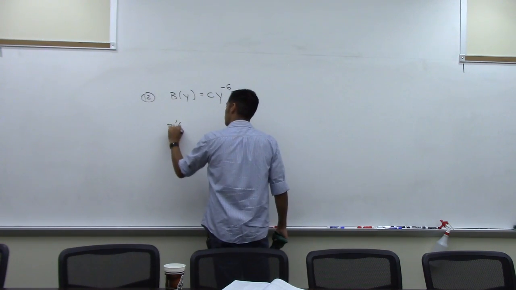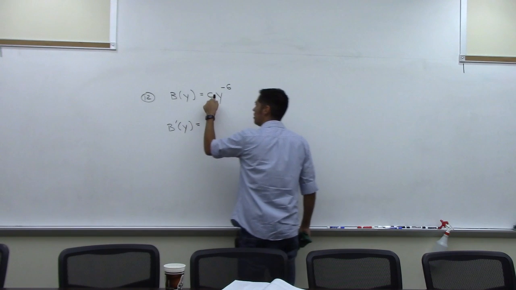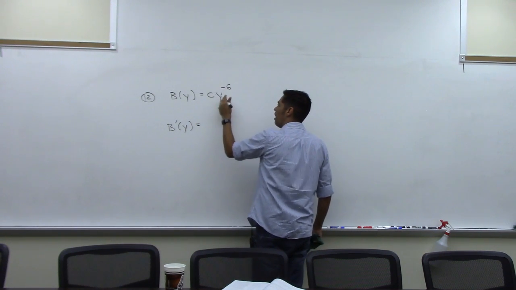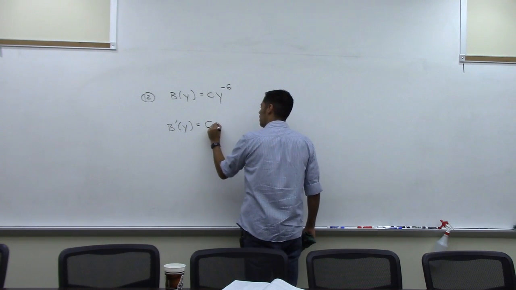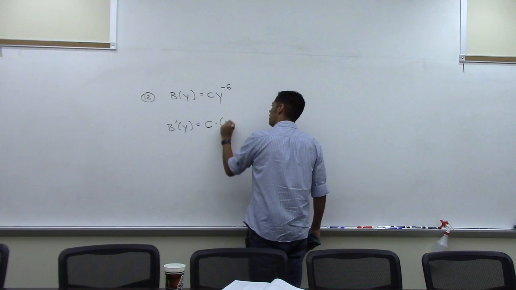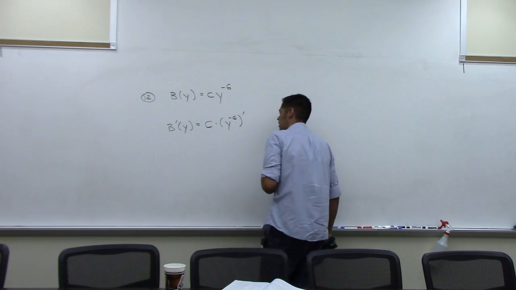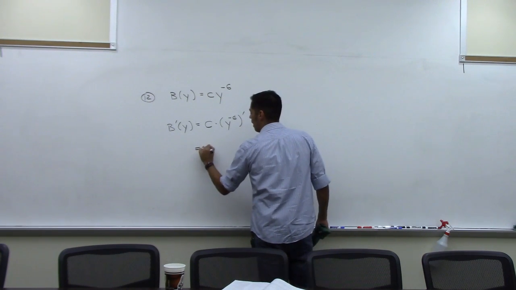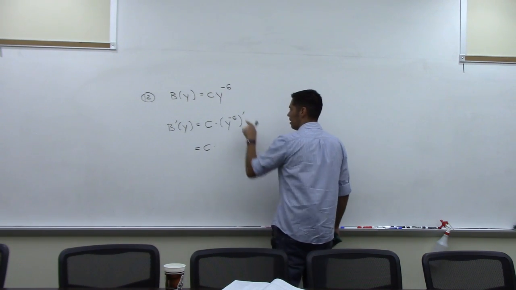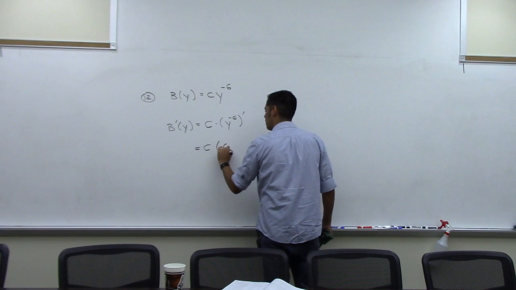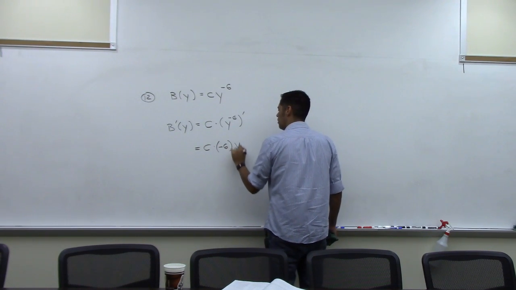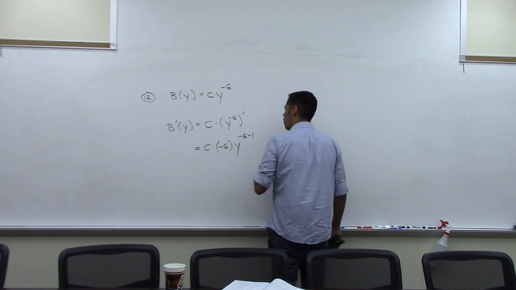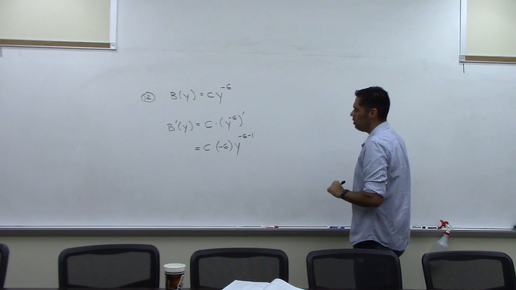When we take the derivative, since this is a constant times some function of y, it'll come for the ride. Then I'll say times the derivative of y to the negative 6. And to do that, the negative 6 comes out, so I'm going to put negative 6 here. Then y to the negative 6 minus 1. So I have to subtract 1 from negative 6.